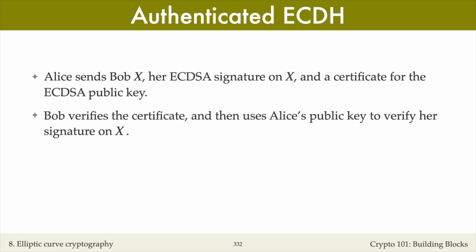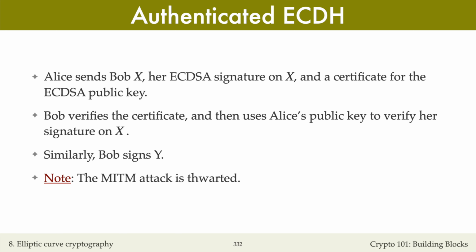So Bob verifies the certificate using the certifying authority's public key, and then uses Alice's public key to verify the signature on X. If the signature is valid, then Bob has the assurance that Alice did indeed send X. Similarly, Bob would sign Y, and Alice would check the signature to confirm that Y was indeed sent by Bob.